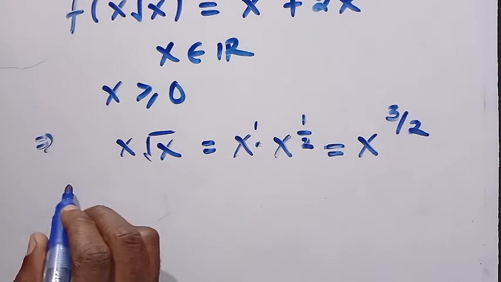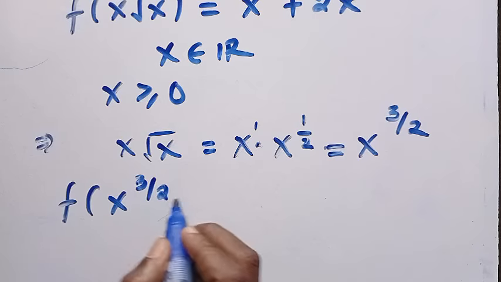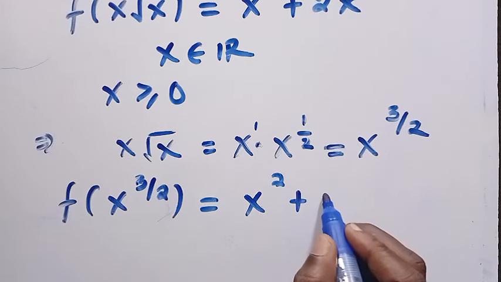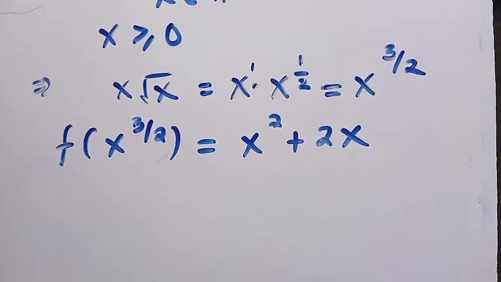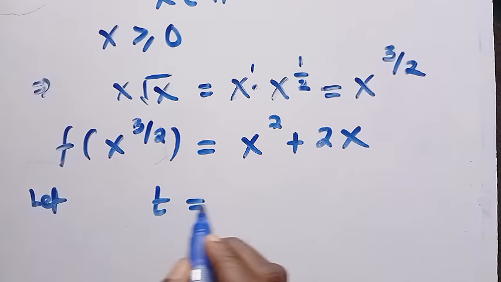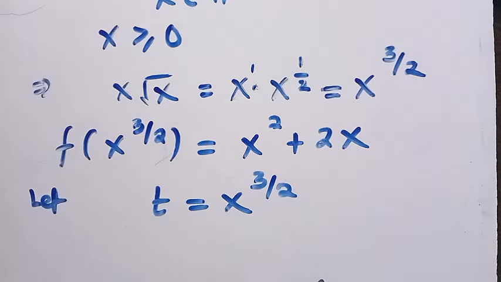Therefore, the function becomes f of x raised to power 3 divided by 2 equals x squared plus 2x. Then we let t equals x raised to power 3 divided by 2.